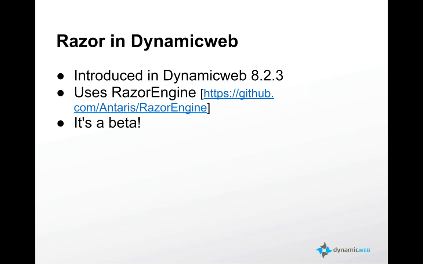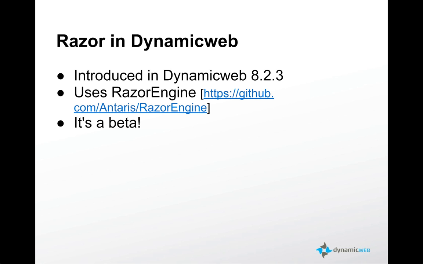Razor in Dynamicweb was introduced in Dynamicweb 8.2.3 that was released at the end of May, on the 28th of May. And we use something called Razor Engine, and I put a link here in this slide where you can read more about the Razor Engine and what it does and how it makes it easy to use Razor.